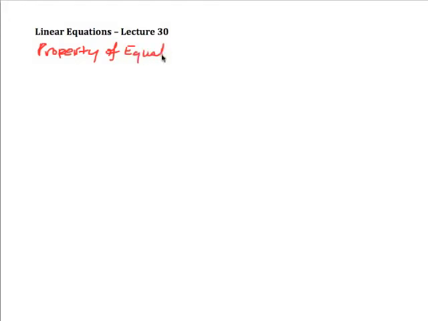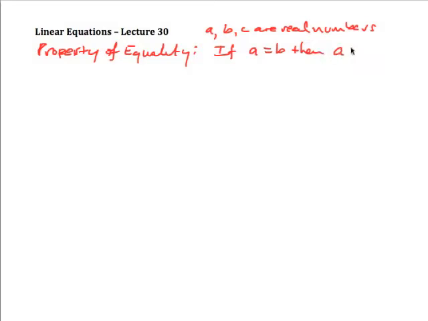Now, the property of equality says this: if I have any real numbers, let's call them A, B, and C, and A is equal to B, then A plus C equals B plus C. This is one of the golden rules of algebra: if I have an equality, I can add the same to both sides and it remains the same.